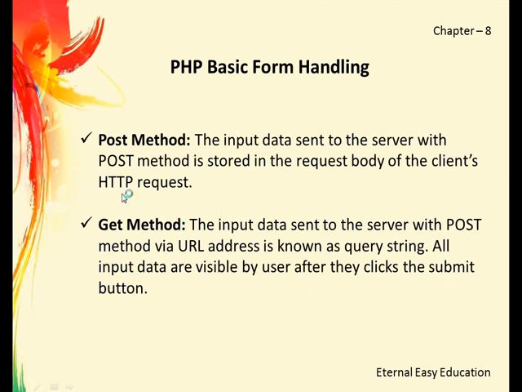I'll show this, post method and get method. The get method is not a secured method because the data given by you is shown in the URL address bar. But in the post method, it is not shown. That is the difference between the post method and the get method. We have to use the post method for security purposes.